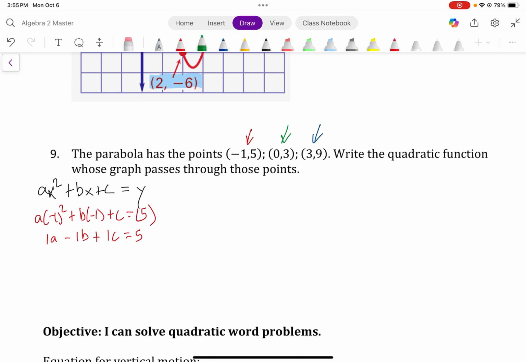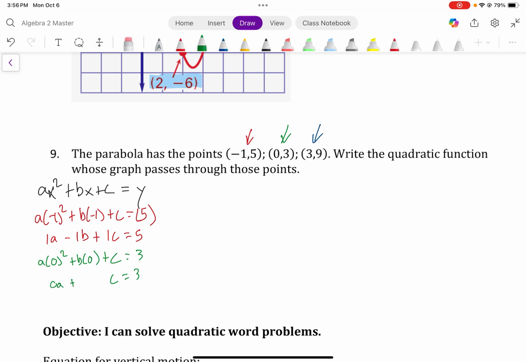I do the same thing for the green. If x is 0, I have a times 0 squared plus b times 0 plus the c is just c equals 3, which is effectively the equation c equals 3.